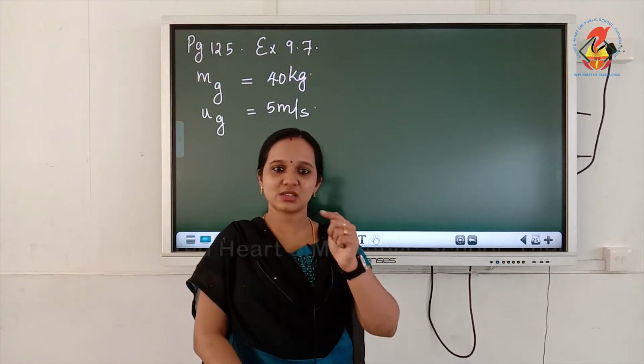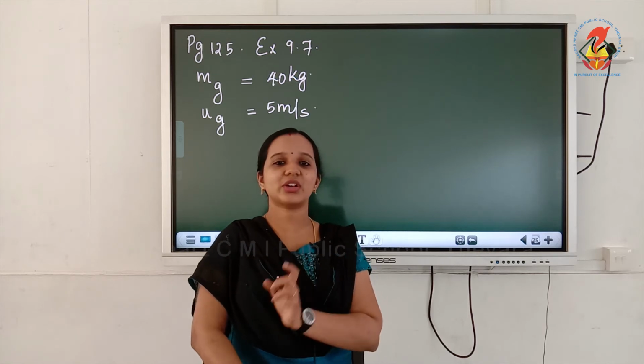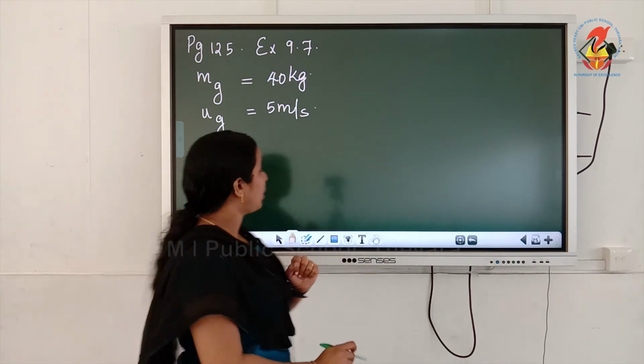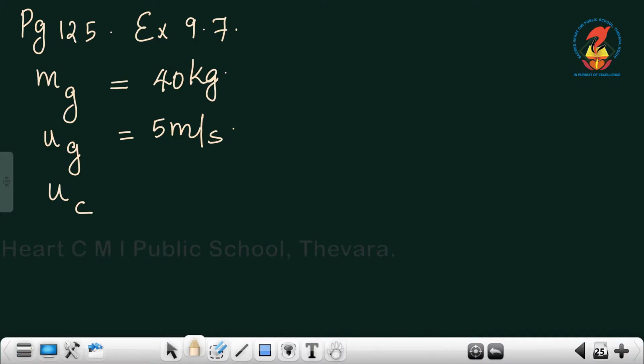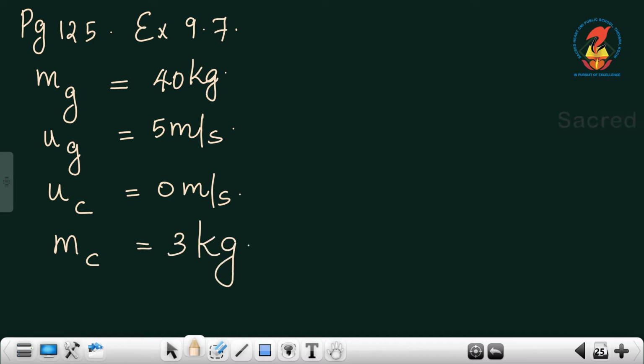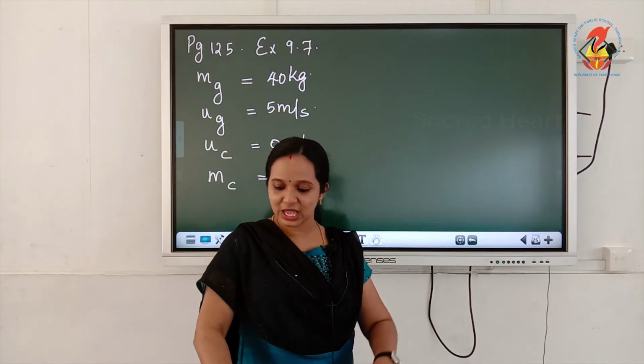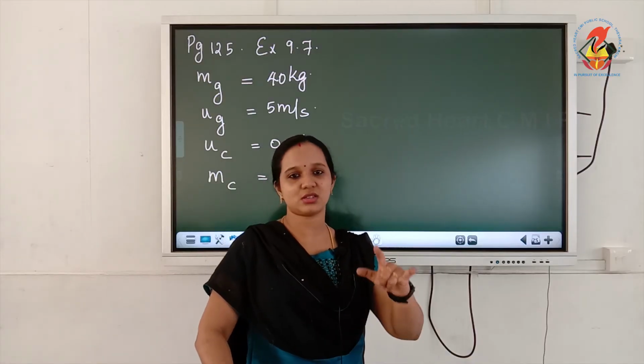So, the cart is stationary. Stationary means the cart is at rest. So, the initial velocity of the cart, UC, is 0 meter per second because the cart was stationary. The mass of the cart is 3 kilogram. What is her velocity as the cart starts moving?